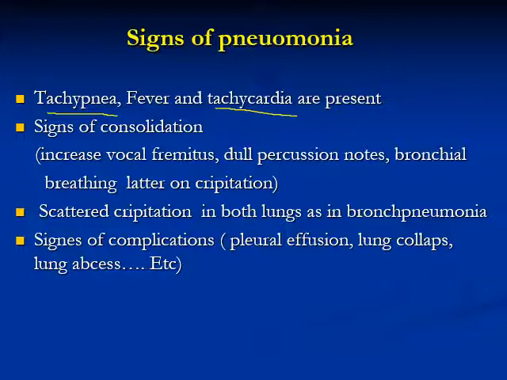On examination of the chest, there are signs of consolidation, which you find by inspection, palpation, percussion, auscultation. Inspection may be normal, but by palpation, there is an increase in the vocal fremitus over the area affected.